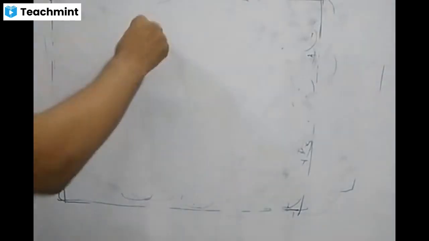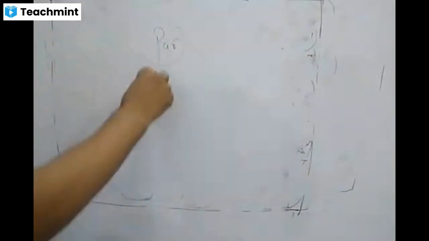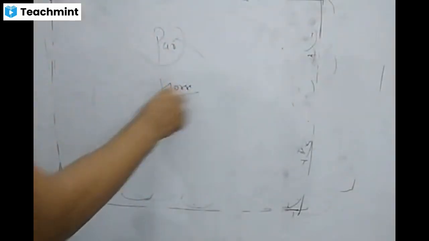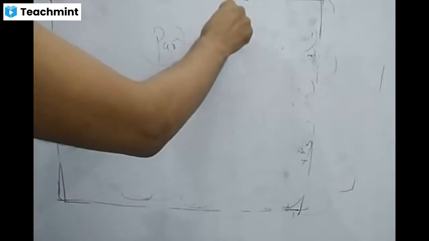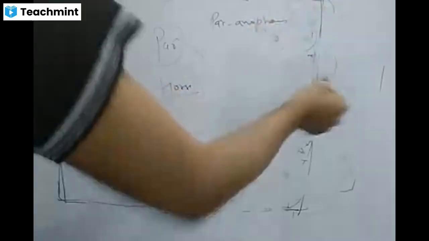Then in this ascarid family, the next member is Parascaris. If you remember, this Par term is related with the horse, because in cestodes we have studied Anoplocephala. That is the smallest tapeworm of the horse.